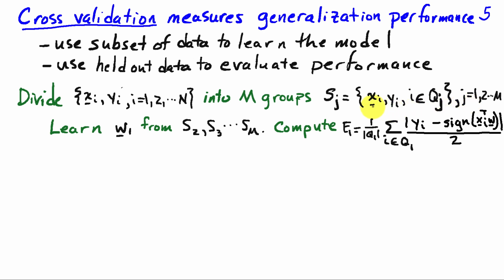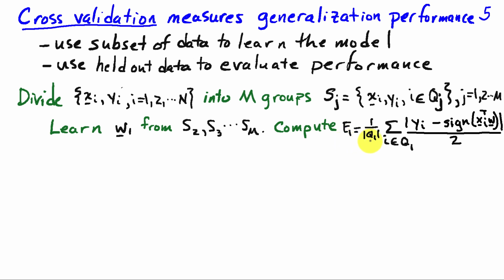I'm assuming that the indices of the training data in group S_j are drawn from some set of integers Q_j. So what we're going to do is start off by learning a model W_1 using the sets S_2, S_3 through S_M. In this case, we're learning W_1 by holding out S_1 from the training process. Once we learn this model, we can compute the error that we would get, which we'll call E_1, on the set of data in S_1.